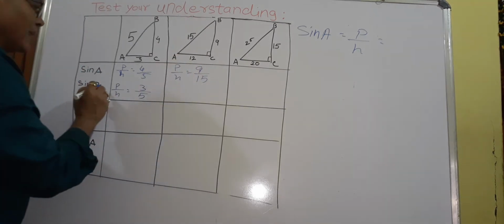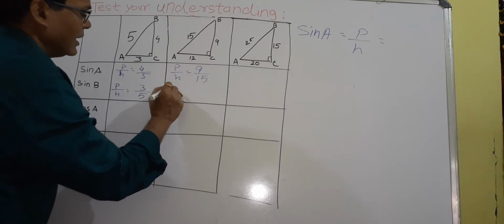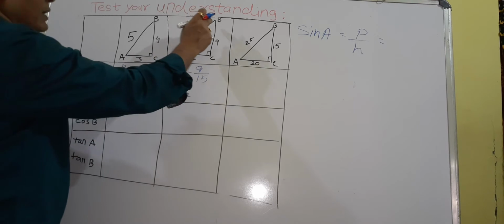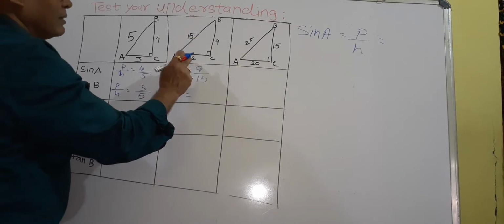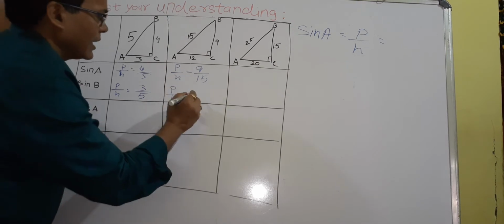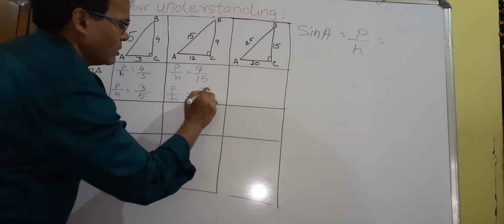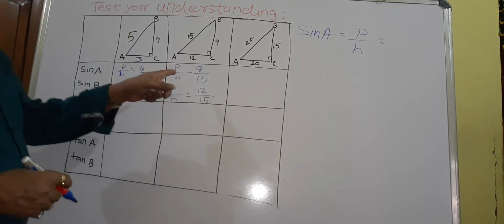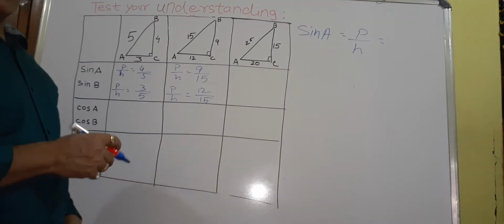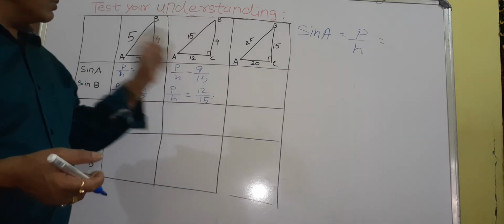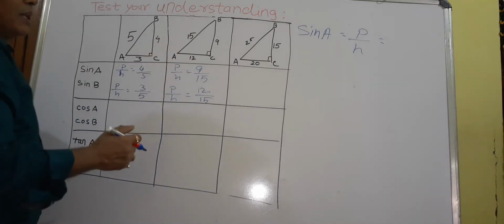For sine B also again it will be P by H, and here for angle B 12 is the perpendicular and H is the hypotenuse. So we will write 12 over 15. You can find the numerical value in decimal from a calculator. Since you are using a calculator, you can find it out. Otherwise, you can keep it like that.